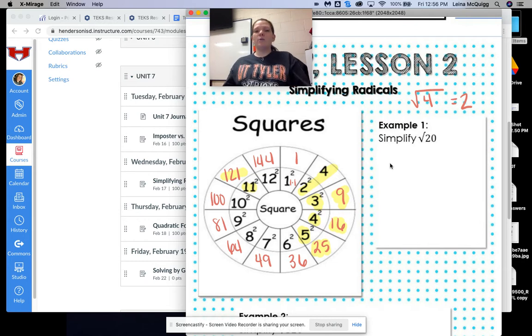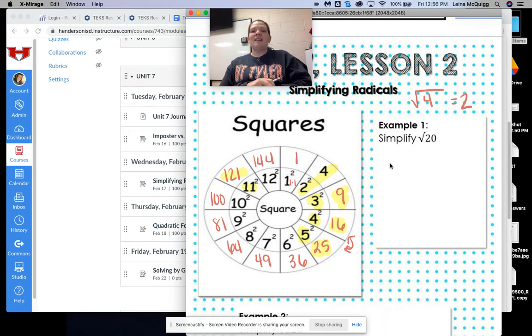But sometimes when we're taking square roots, we don't have perfect squares like this. So, for example, over here on number 1, we have the square root of 20. Well, 20 is not on this wheel. It would be in between here and here, right? So it's some number bigger than 4 but smaller than 5. So it's some decimal in there.